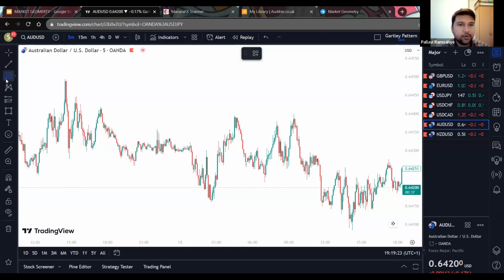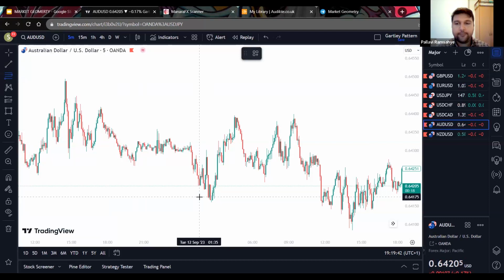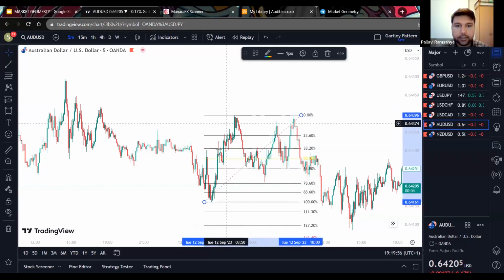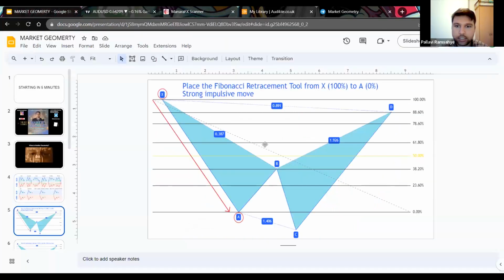Perfect, right, so if we're looking at a bullish move, which direction are we placing it? So are we placing it from low to high, high to low? Where are we starting this? Where's the X to A? So we're looking at a bullish move, an upward trend. Okay, perfect. So we start low. That's the right answer. We start low, come to high. Okay. So it's 100% to 0%. So that's the movement. Okay. That's good. Perfect. Now I'm going to go back to the slides.